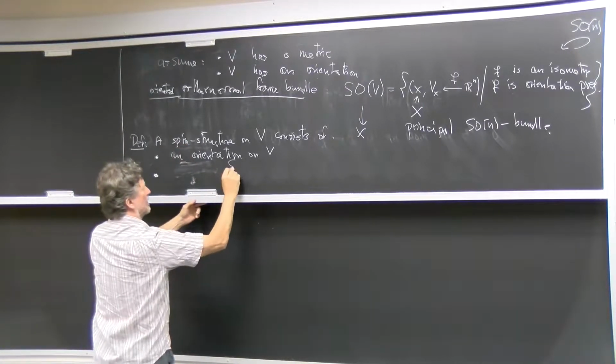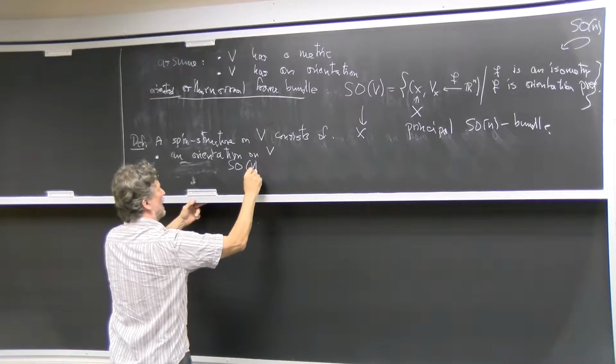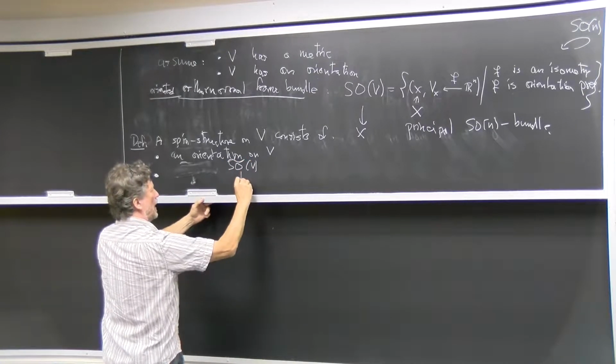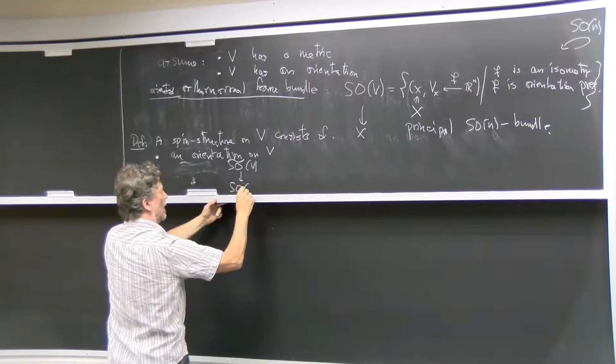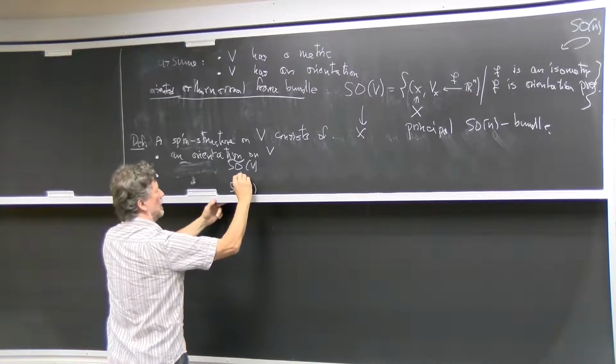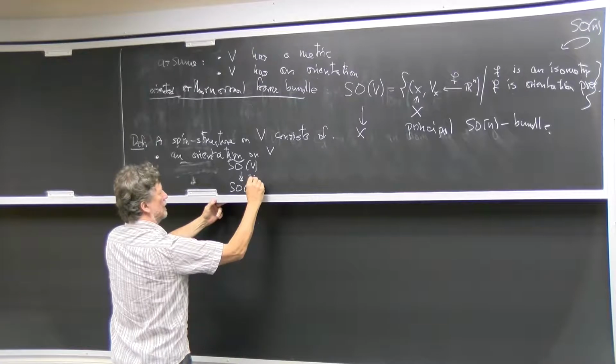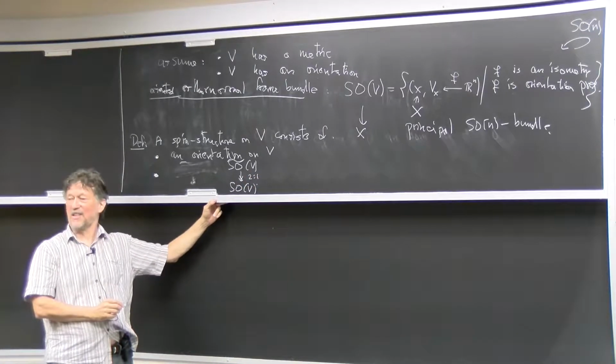So SOV tilde should be a double covering of this bundle. So maybe I write it like that. That's my notation for double covering, okay?